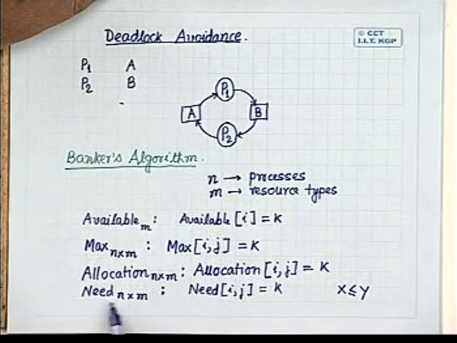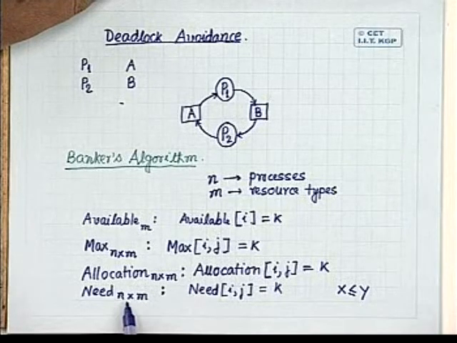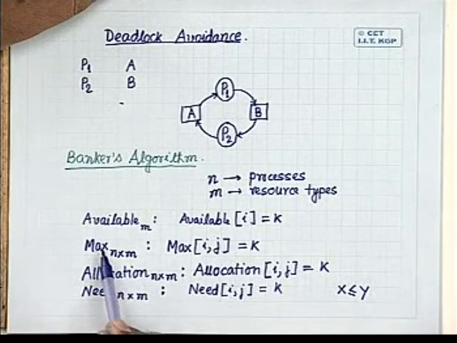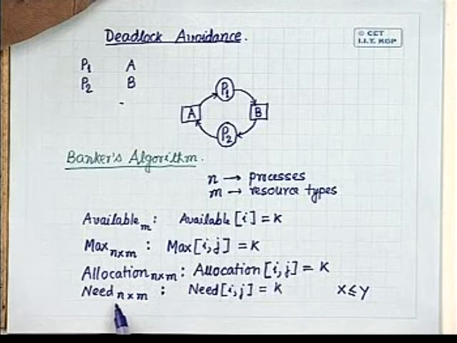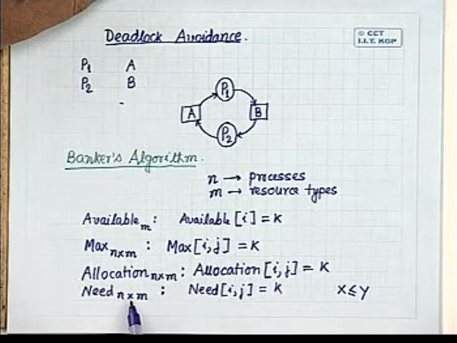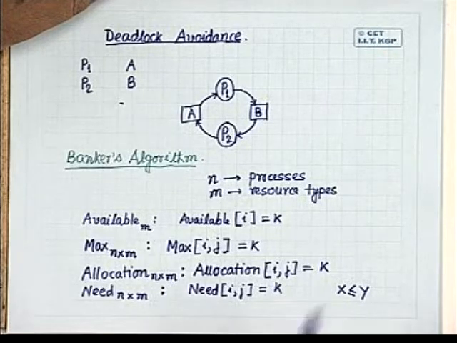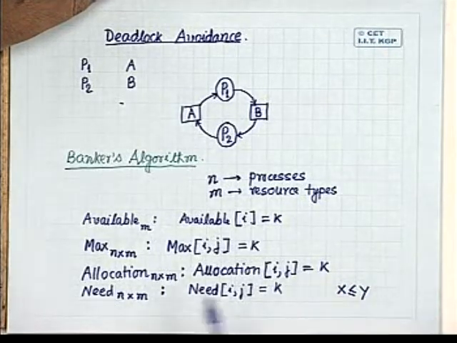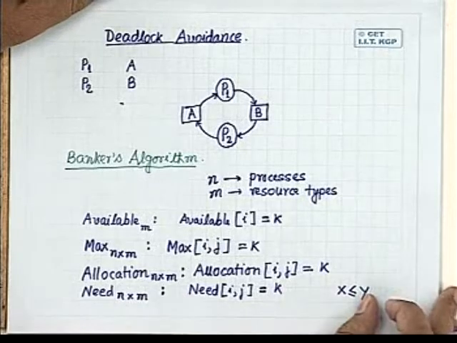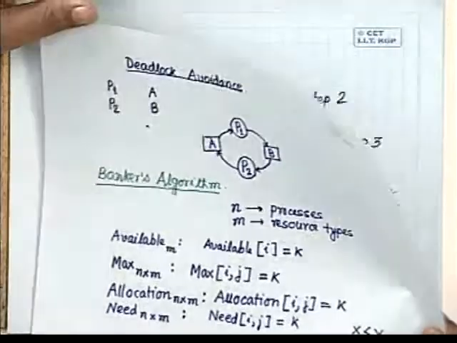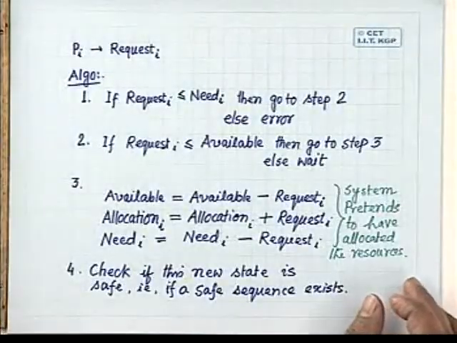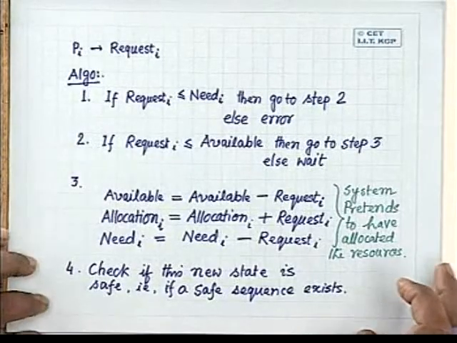And similarly, a matrix Need; obviously this Need matrix can be calculated from Max and Allocation. So it says what is the future requirement of the number of instances of different resource types for different processes. Okay. So by making use of these data structures, we have written the Banker's deadlock avoidance algorithm.